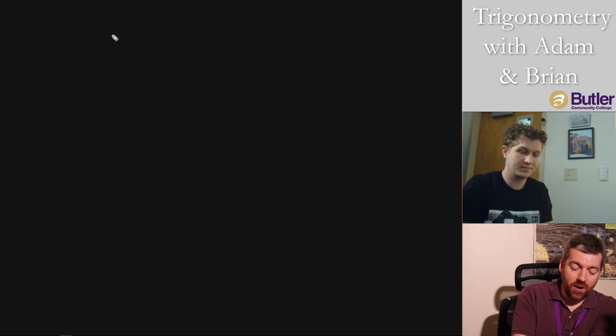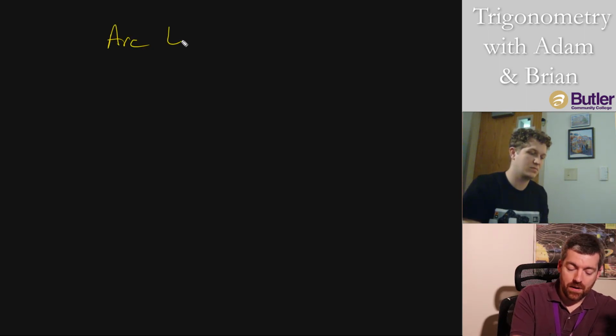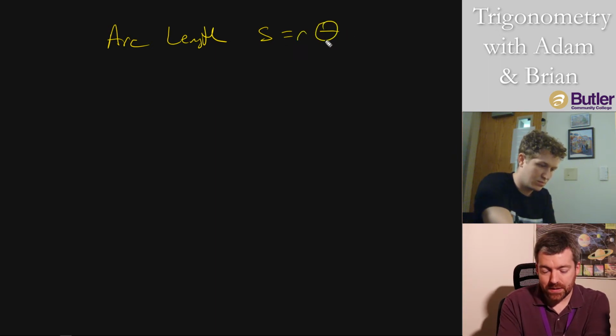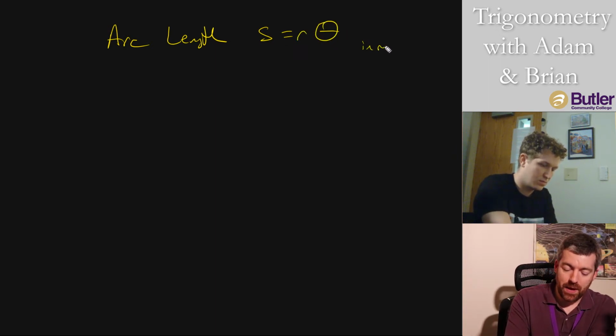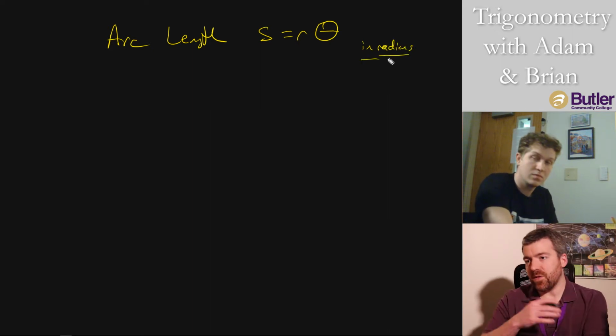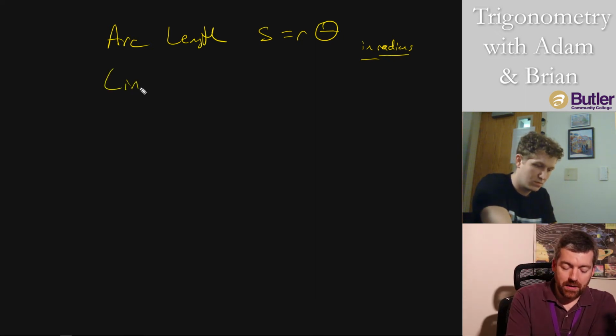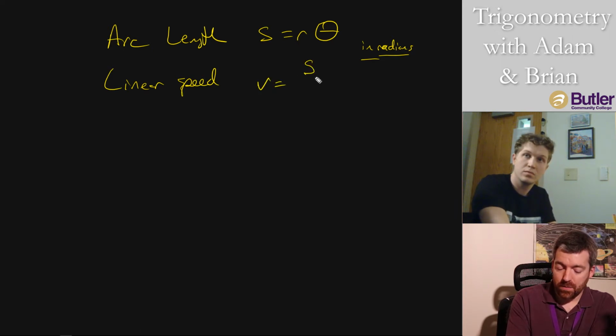So we have the arc length. That is S equals R theta for central angle theta in radians. Important to remember that. Nothing wrong with degrees, you just have to convert to radians. We have the linear speed, V, and that's arc length per unit time.